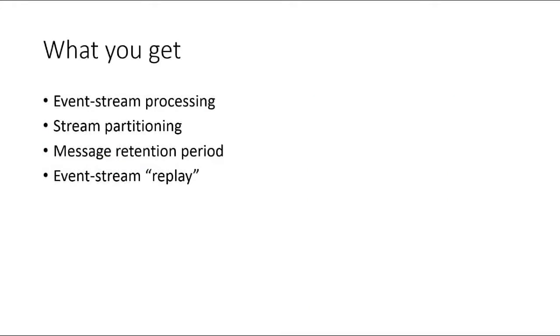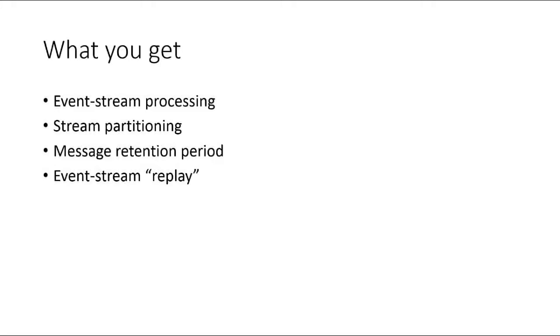So what do we get with Event Hubs? Event stream processing, which is kind of a new paradigm of how to approach data and workloads. They're characterized by being very decoupled. You have publishers that author events and put them into the Event Hub, and those publishers have no concern about what the downstream processors are or what they look like.